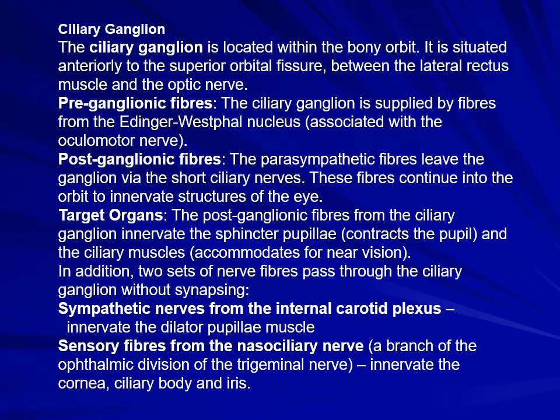In addition, two sets of nerve fibers pass through the ciliary ganglion without relay: sympathetic fibers from the internal carotid artery plexus innervating the dilator pupillae muscle, and sensory fibers coming from the nasociliary nerve of the ophthalmic division of the trigeminal, innervating the cornea, ciliary body, and the eye.